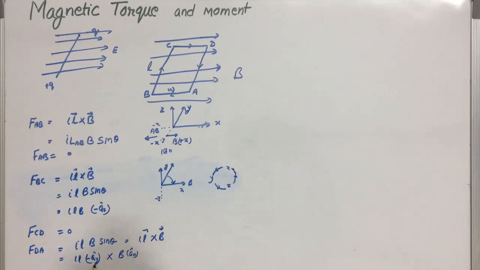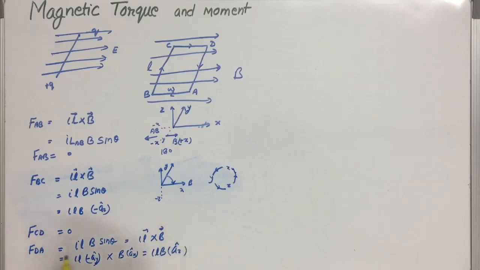The cross product of AY and AX will be minus AZ, and that minus and this minus will be plus AZ. So it will give us ILB in the direction of AZ.